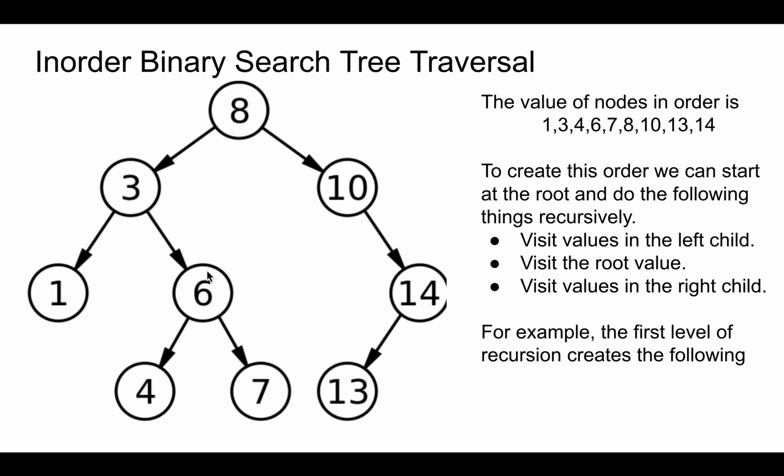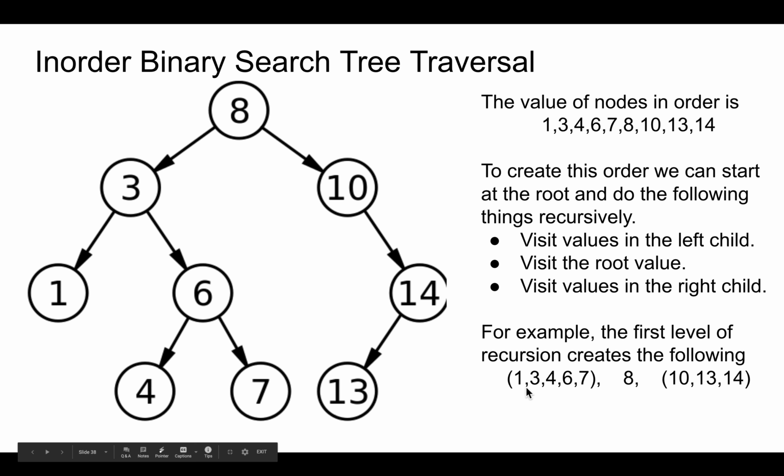If it has any left children, we visit its left child, then its root, then right child, and so on. So the first level of recursion creates this set of values, 1, 3, 4, 6, 7. We see everything in the left subtree. Then we see the root 8, and then we see everything in the right subtree in order.